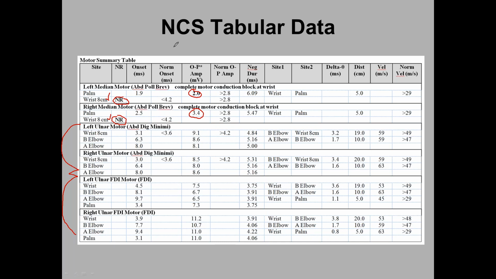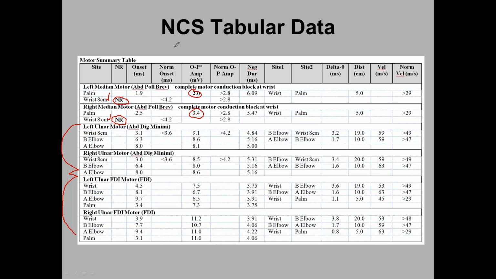Now, if Dr. Brooks were to write that, he would say all motor nerve conduction in the upper extremities, to include the median and ulnar studies, are normal except, and then he would say in one bullet, there is complete conduction block of both median motor nerves at the wrists with low distal amplitude on the left. And that would be his summary of that whole table, right? For those of you that have Brooks. Mm-hmm. Yes.